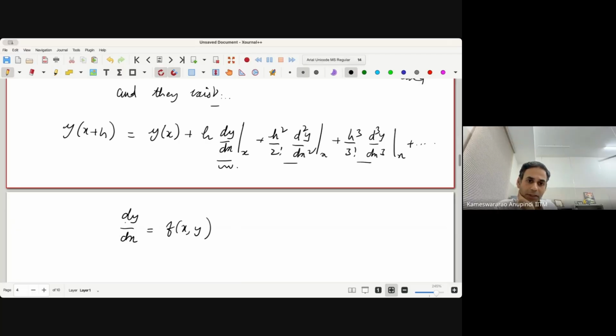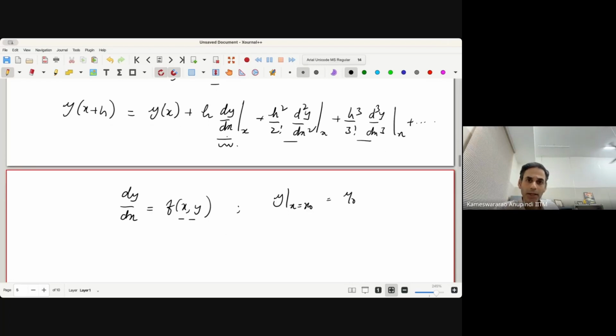That means dy dx can be calculated and then substituted here. Because we are given y at x equals x naught, which is y naught, if I substitute x naught, y naught, I can calculate dy dx at that x naught. I'm using x here, which is basically the same as x naught. That is the initial value that we know.